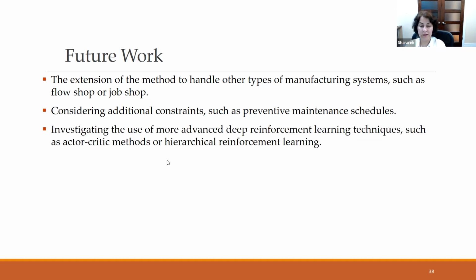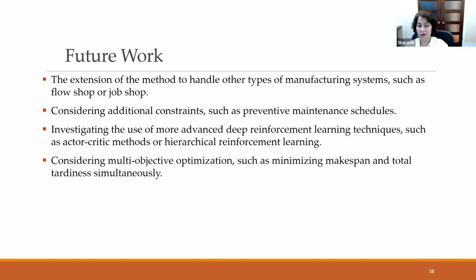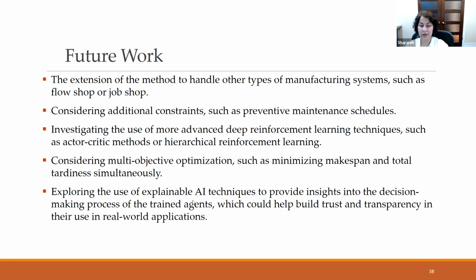The model can be extended to that. Another aspect would be using more advanced deep reinforcement learning techniques, such as actor-critic or hierarchical reinforcement learning, or considering multi-objective optimization when, for example, we want to minimize makespan and at the same time reduce tardiness.